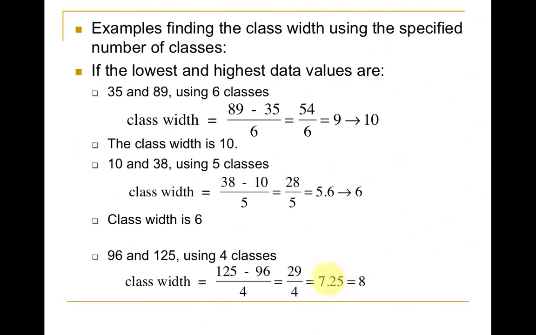But then again, going up to the next whole number, we go up to the number 8, and so our class width is 8. Now this is the only time in this class where we're doing this, which is called taking the ceiling of the number, because we're going up to the next whole number. We will not be using this kind of procedure for other things. Just keep it in mind just for creating frequency distribution tables.